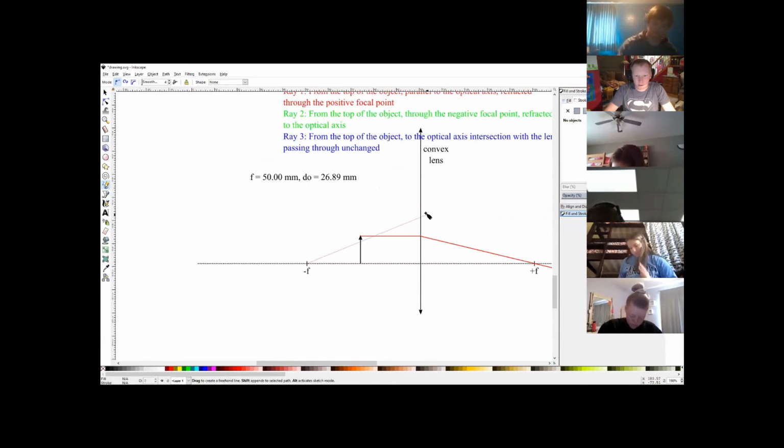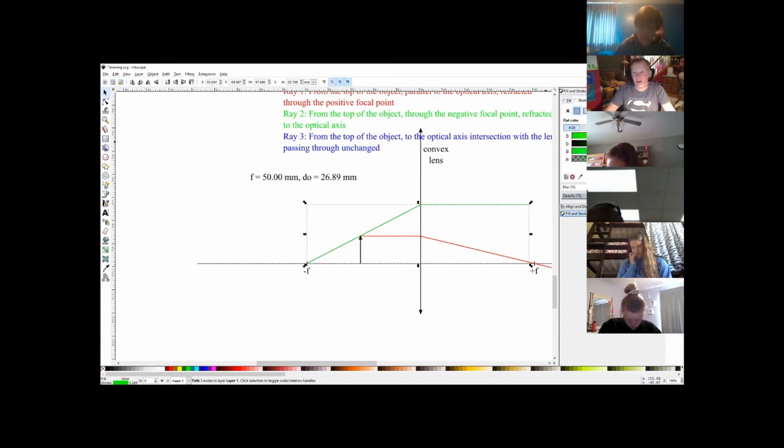But now it'll go through the same point as before, and a ray that does this gets refracted so that it goes parallel to the optical axis. It's our green ray. And then the easy one, oh, and I'm going to shorten that up. Let's put another line back that way just so we know.